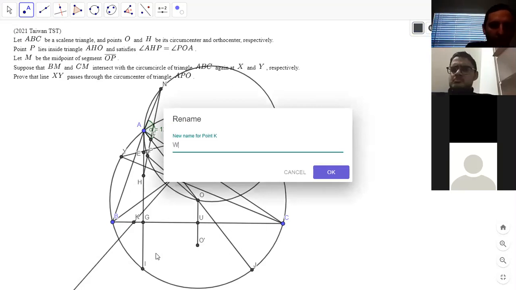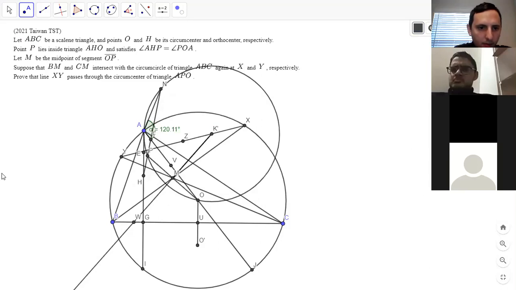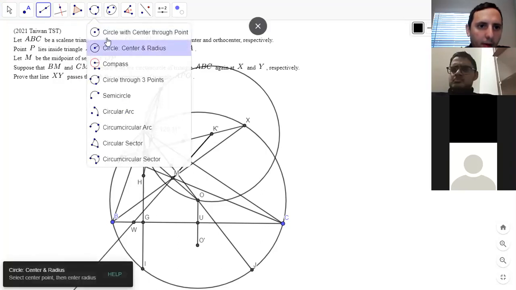Call it W. I actually don't know if it's useful, but by Butterfly Theorem, we have MW equals MK prime. Interesting. MW is equal to MK prime. So that does seem like it might be useful.